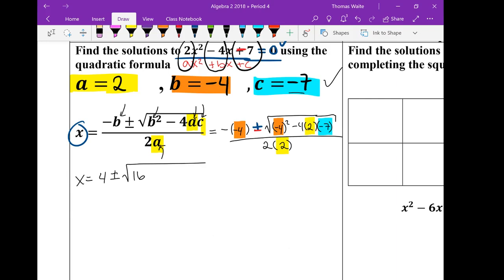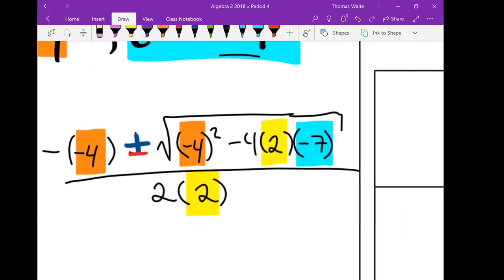If we had not put our parentheses on this negative, we may have accidentally thought of it as negative 4 squared, which would be negative 16. But that is not what we want to use. We want to use the parentheses so that we know it's a negative 4 times a negative 4.